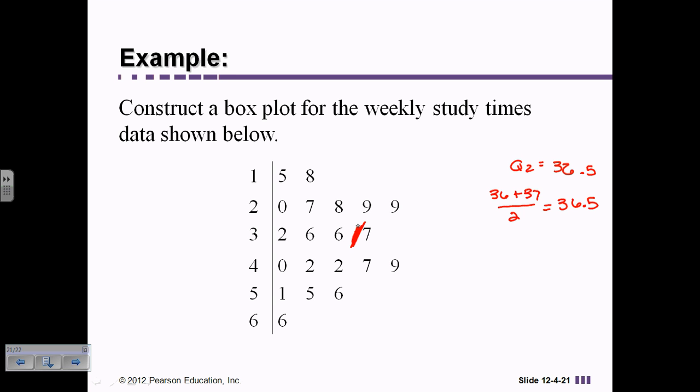To find quartile 1, I'm going to take the numbers to the left of quartile 2, which is 10 sets of data. So I'm going to end up with my median at the 5.5 position, between these two. So quartile 1, I think I said quartile 2, is going to be 28 plus 29 divided by 2, which is 28.5.